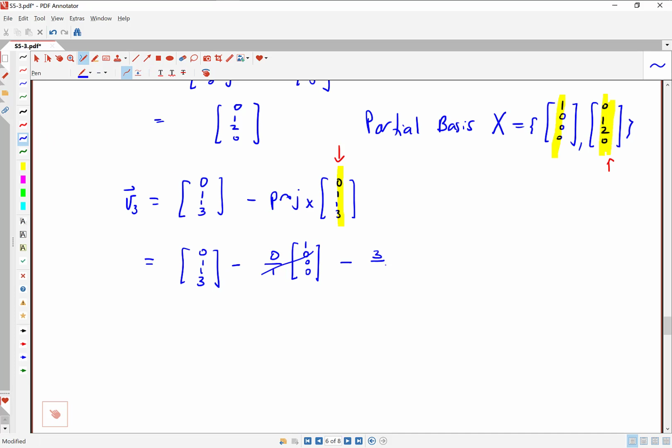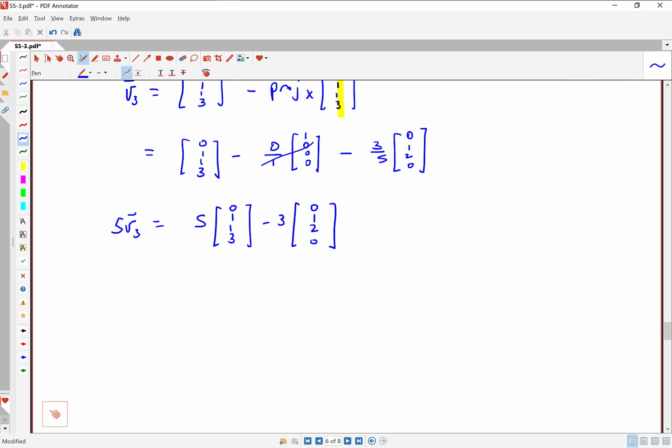So length squared is 5, and that's in the direction 0, 1, 2, 0. Now remember that we're free to scale these vectors by anything we like just to avoid fractions. So let's instead work with 5v3. That would be 5 times 0, 1, 1, 3 minus 3 times 0, 1, 2, 0. And that way we can just work with integer components and make life easier.